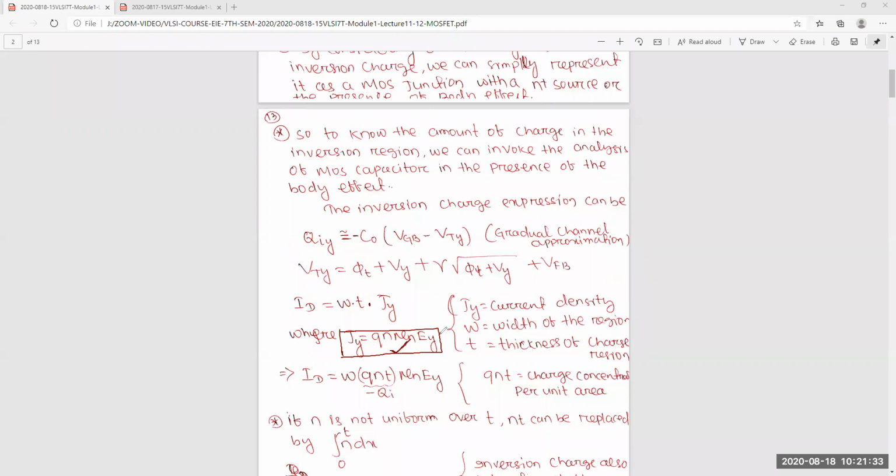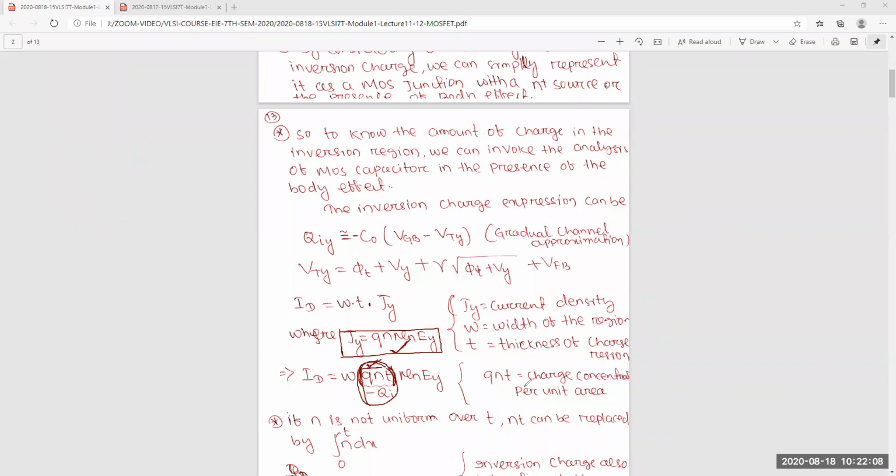Now if you put this Jy here, ID is equal to W Q N T mu n electric field. We club these things because QNT is the number of charge, the Q value, into the thickness. This is nothing but your Qi.